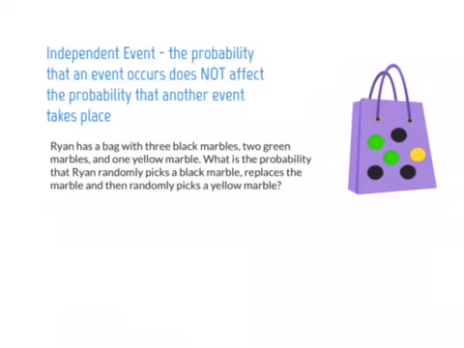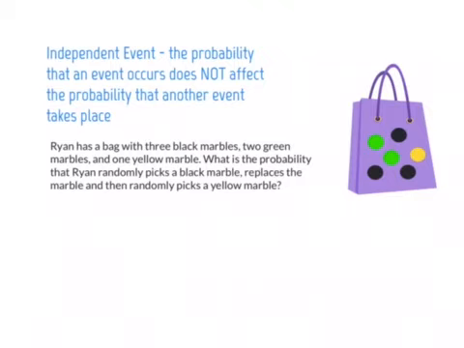Here's an example of an independent event. I'm going to read it and then read the definition. Ryan has a bag with 3 black marbles, 2 green marbles, and 1 yellow marble. What is the probability that Ryan randomly picks a black marble, replaces the marble, and then randomly picks a yellow marble?